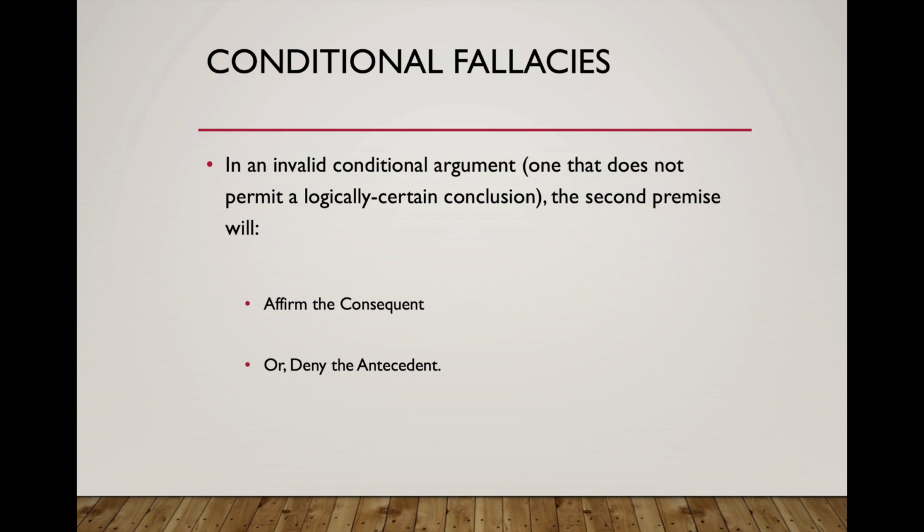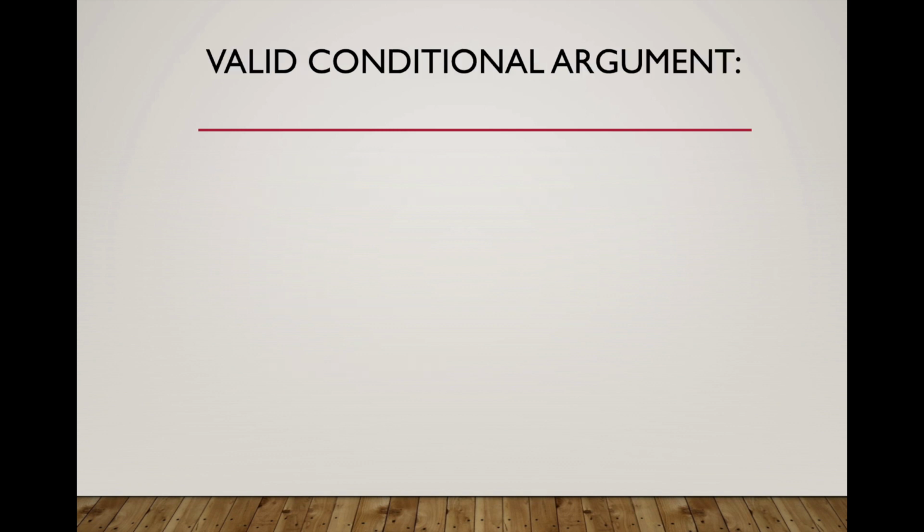These might seem like natural language arguments that make sense, but logically speaking, they are invalid. They do not follow rules of inference. And so when you see a conditional form where the second premise affirms the consequent or denies the antecedent, you have an invalid argument, an argument that does not follow rules of inference.